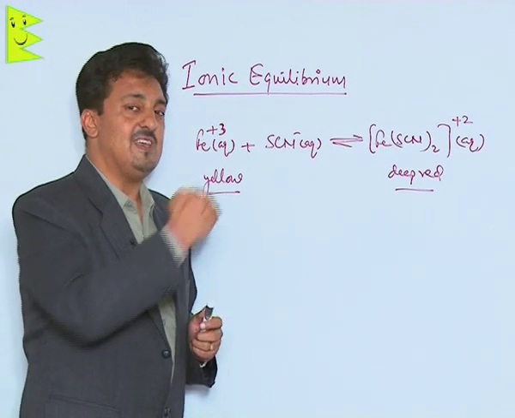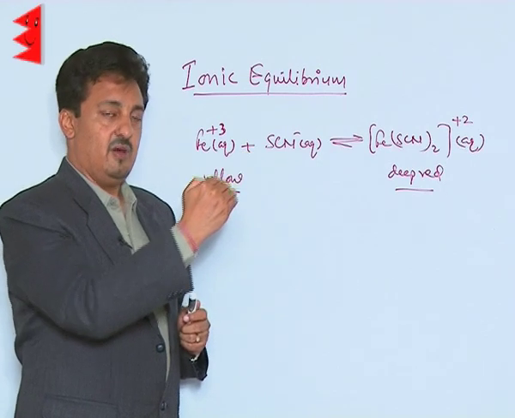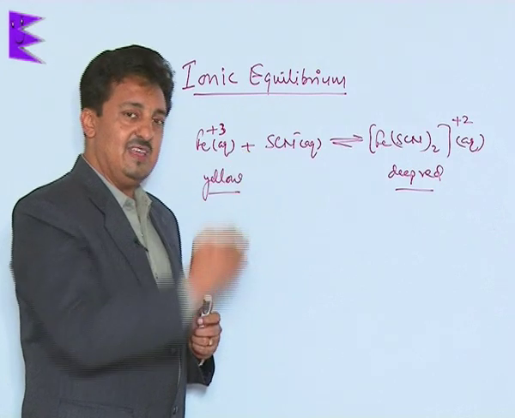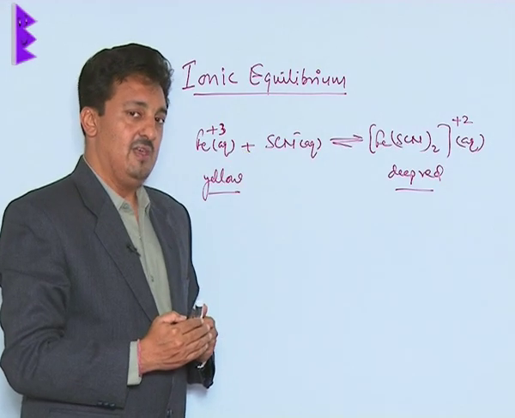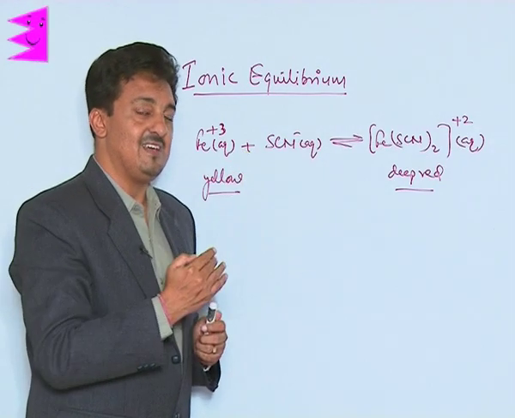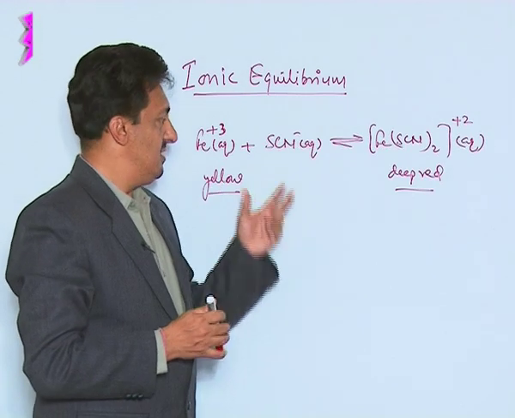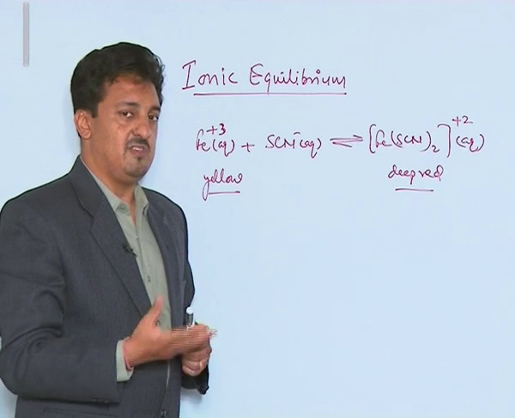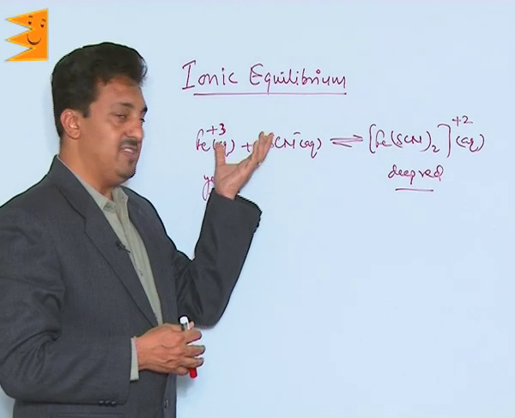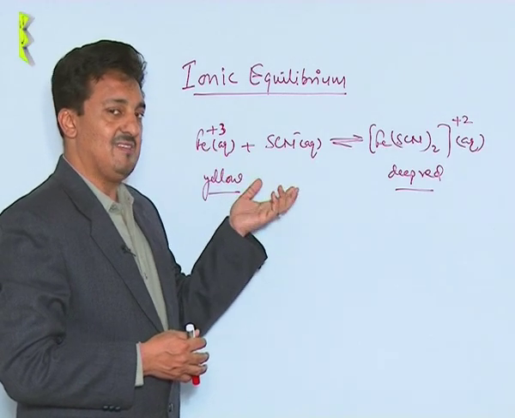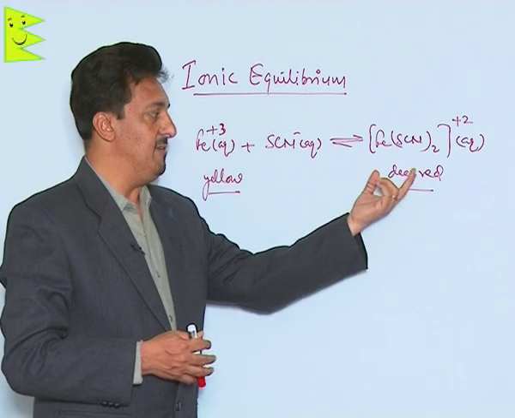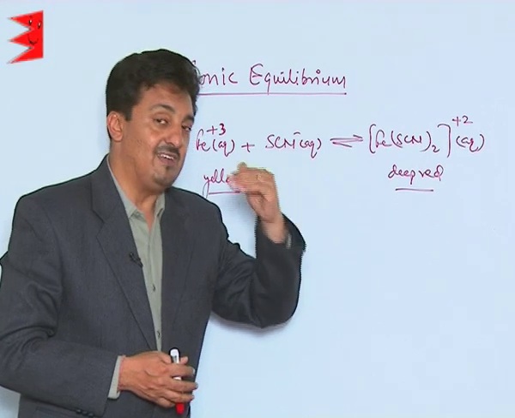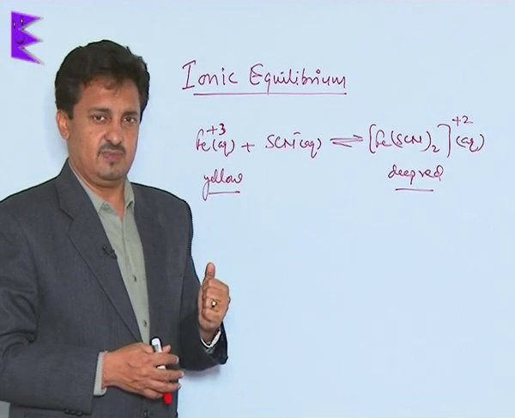We can increase or decrease the intensity of the redness of the solution by increasing or decreasing the concentration of the ferric ions or the thiocyanate ion. We know from Le Chatelier's principle, if we add more of either of these two ions, ferric or thiocyanate, more of the deep red colored complex will be formed, so the intensity of the redness will increase.